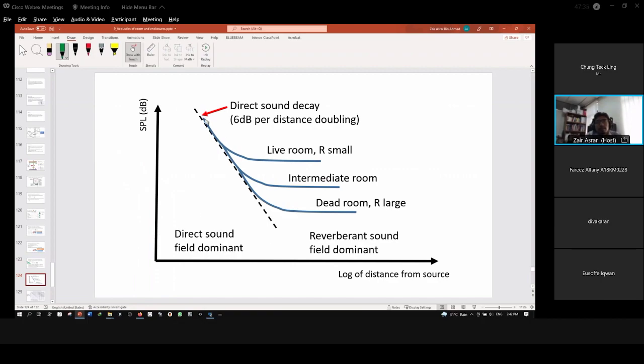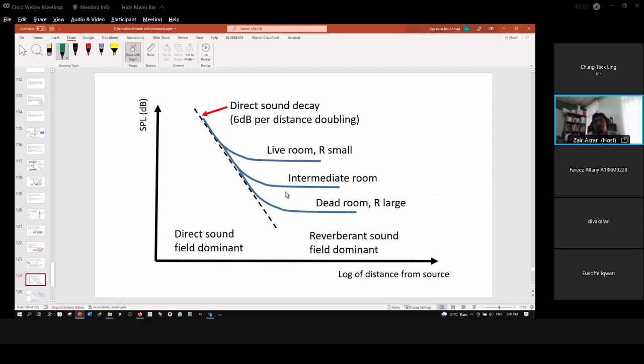The way sound pressure level changes with distance also depends on the type of room that we have, and the type of room is dictated by the amount of absorption within the room. If you have a very high level of absorption, we have what is called a dead room, basically an anechoic chamber, which absorbs all the sound with no or very minimal reflection.